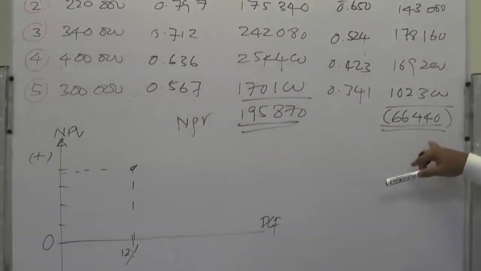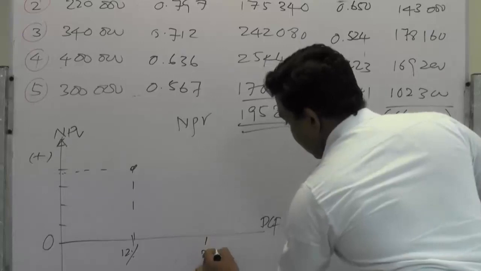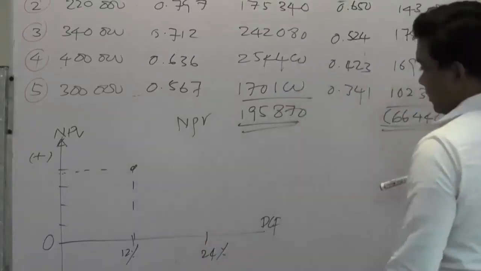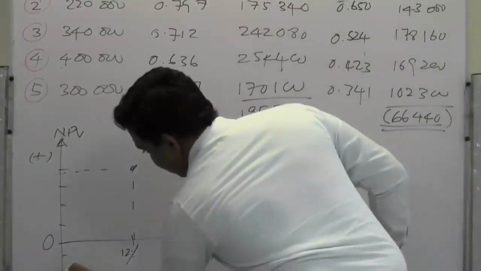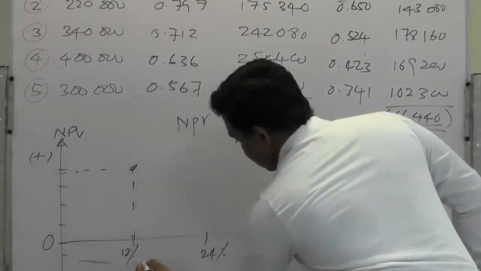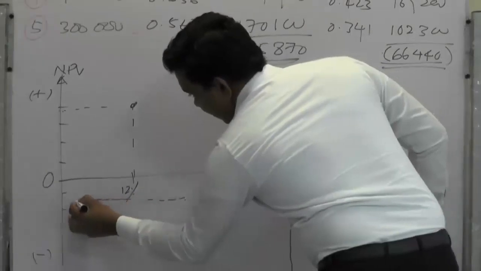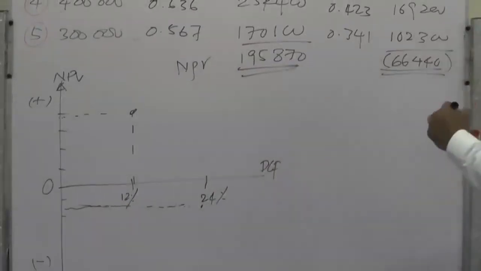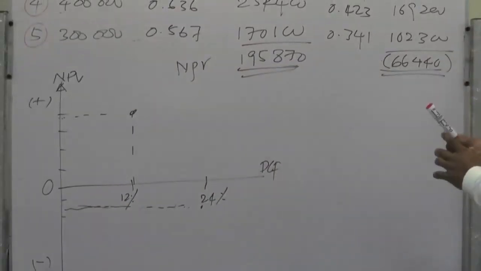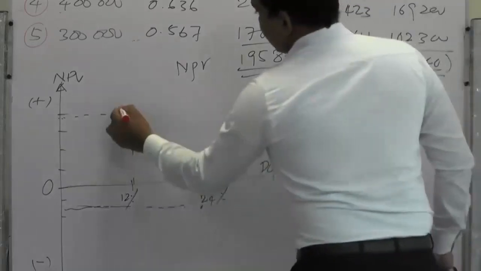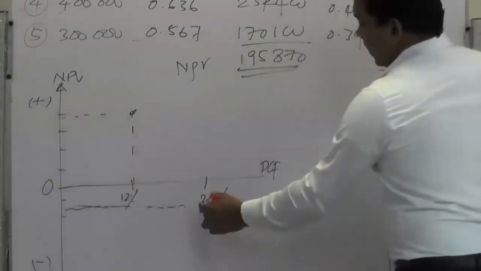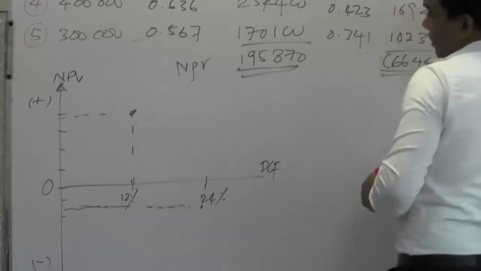Now at 24%, when the rate doubled, it is more than 50% but less than 100,000. Therefore, this is the area we can consider. Now see, at 12% you have 195,000 plus, at 24% you have 66,000 minus.